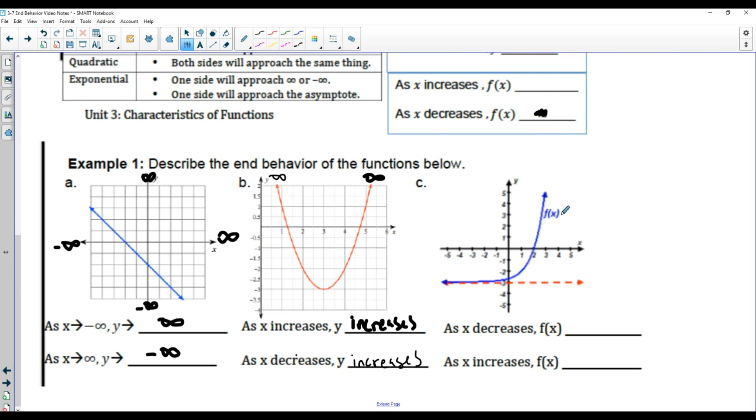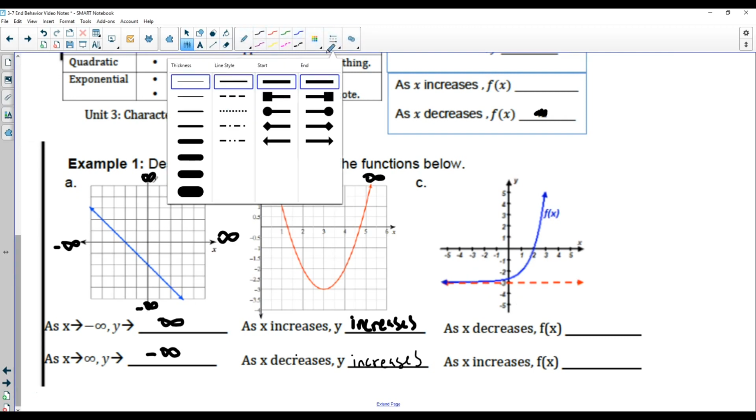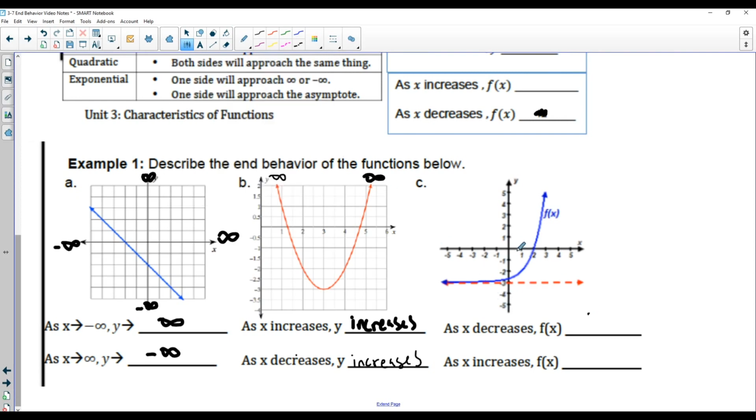All right, so we have an exponential curve here. And this time I asked it as: as x decreases, f of x blank. So as my x values that I'm plugging in get smaller and smaller, this thing is going down. But it's not just decreasing this time. It's not hitting negative infinity because it's not pointing straight down, and it's not even going to get down to -4. So there's no way it's going to get to negative infinity.